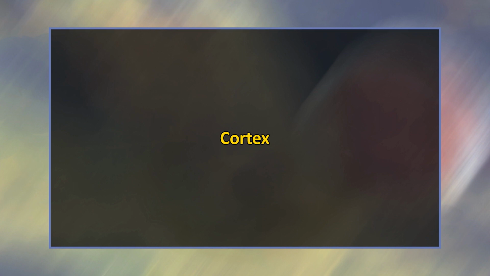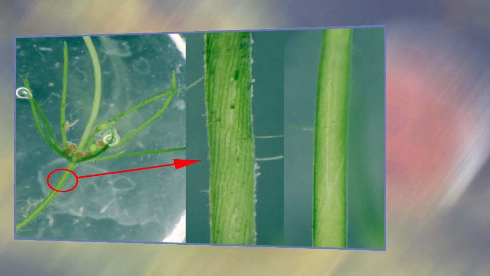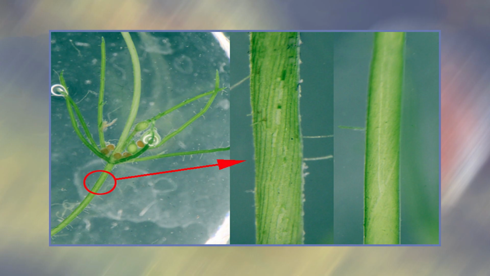Fourth, cortex. Many species of Chara, for example Chara aspera and Chara infirma, have internodal cells of the main axis encased by cortex cells. Such species are called corticated species. The cortex consists of vertically elongated narrow cells.